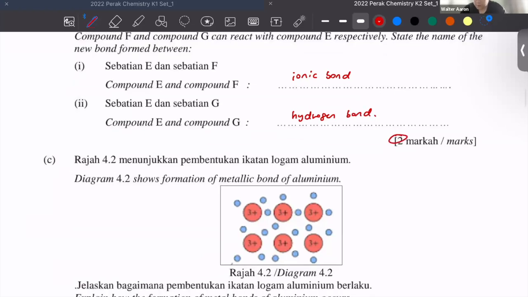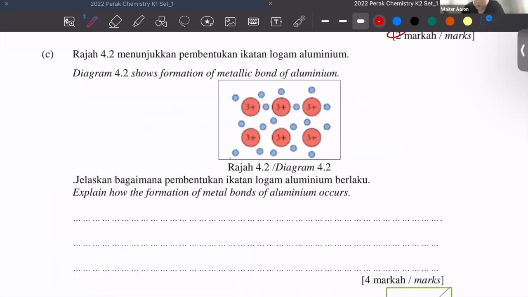Very simple. C, diagram 4.2 shows the formation of metallic bond of aluminum. Okay, so there is the aluminum ion on the inside, and the blue color ones represent electrons. So explain how the formation of metal bonds of aluminum occurs.